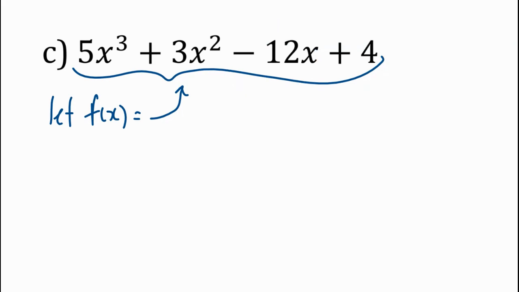And the 5, the 3, and the 4 are positive, and the 12 is already negative. So f at 1 equals 0, right? So there's an easy factor to find, and often that happens.